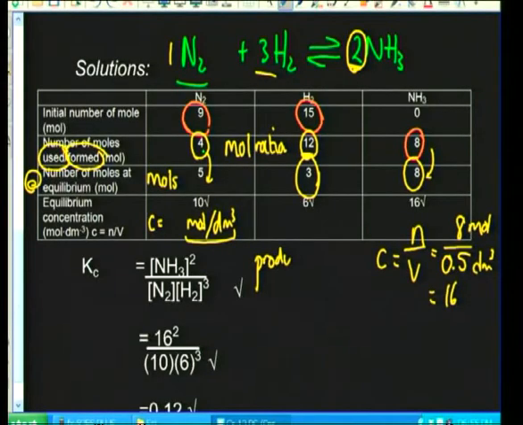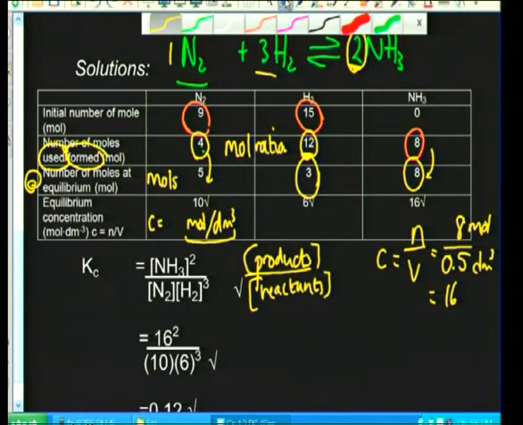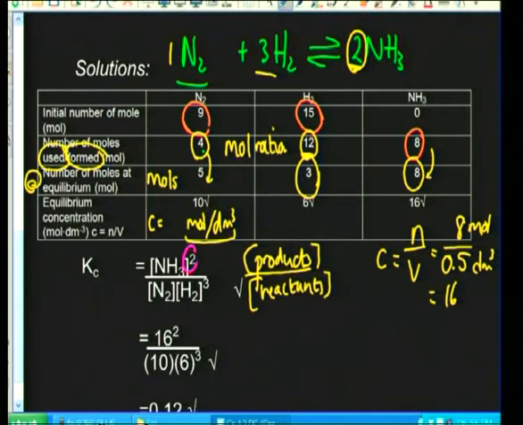This formula is always going to be the concentration of products divided by reactants. Concentration of ammonia, which was my product, divided by the concentration of nitrogen and hydrogen. Now hold on, what have we got with these powers, these exponents?